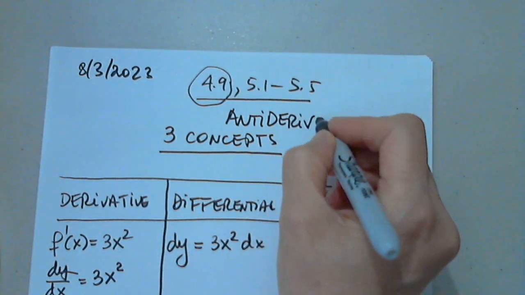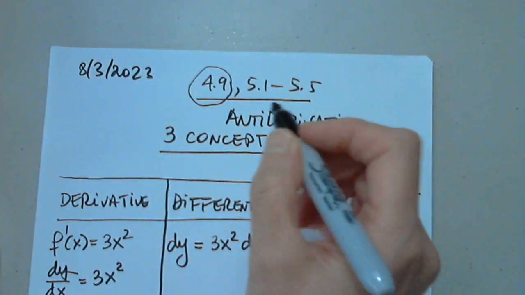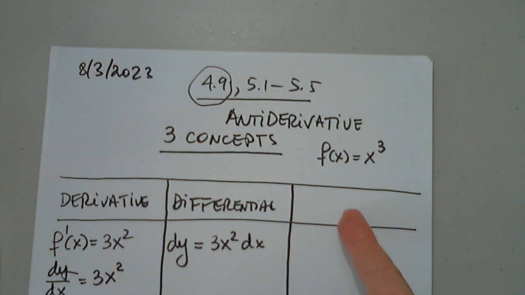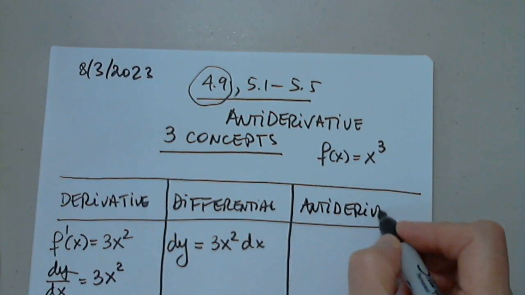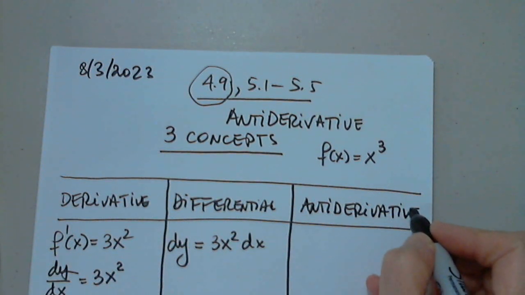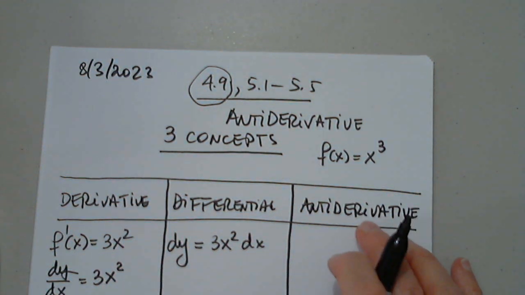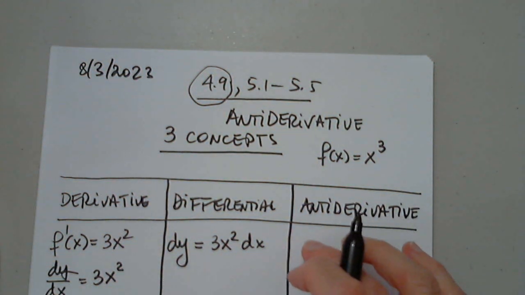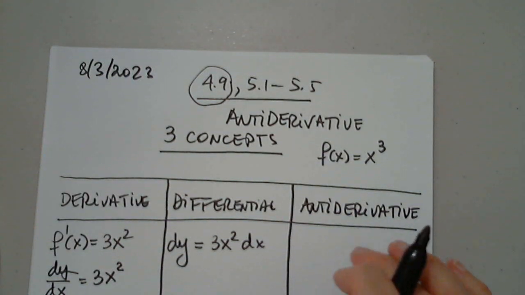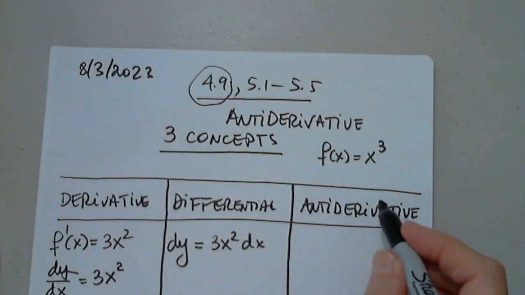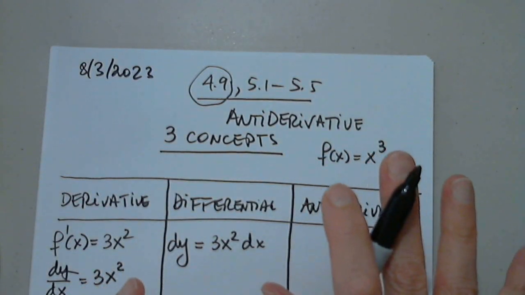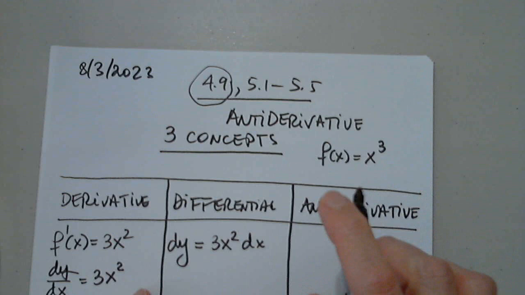antiderivative. That's the title of 4.9. So this is what I'm going to put here. Antiderivative, and I'm going to write it and then calculate it. The antiderivative, basically, there are two concepts in here.